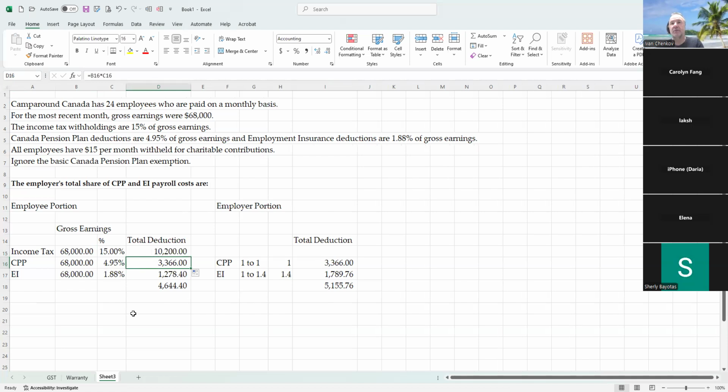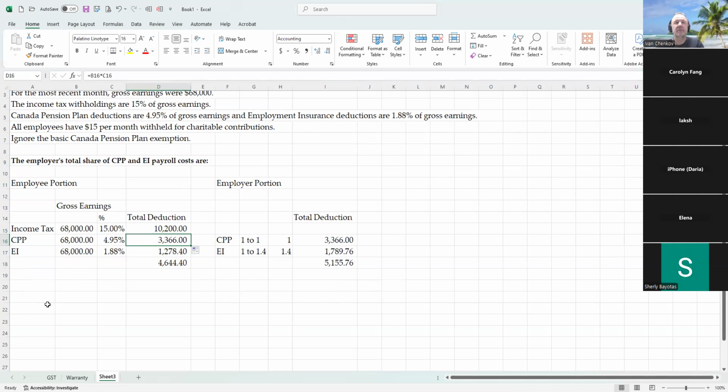If we have to do the journal entry, let's do the journal entry for the payroll. What will be my journal entry? Let's go with debit. Which account am I going to debit? Let's do first the journal entry for the employee only, the journal entry for the salary for the employee.